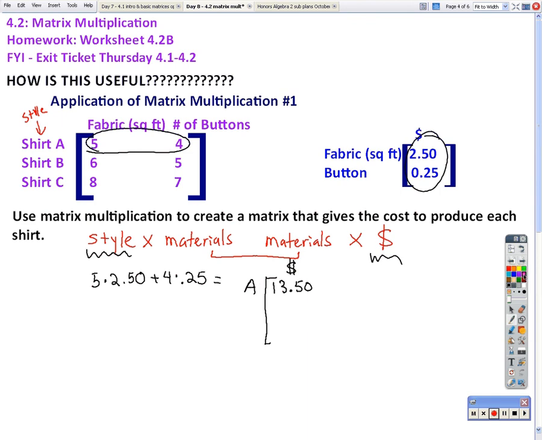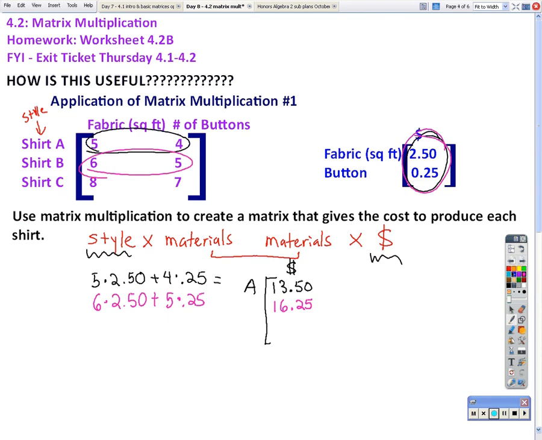Now, if we do shirt B times our column, 6 times 2.50 plus 5 times 0.25, that's going to give me 16.25.